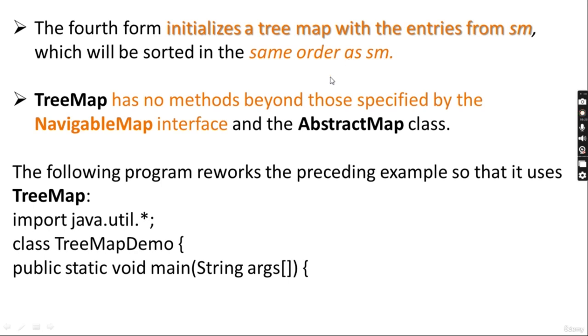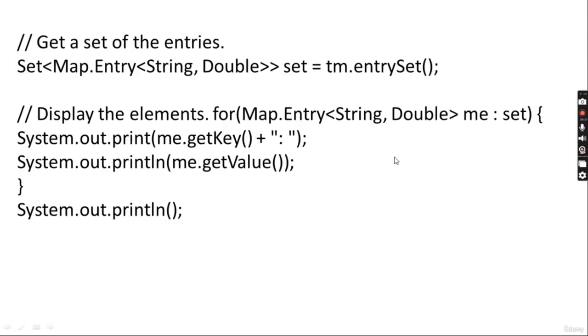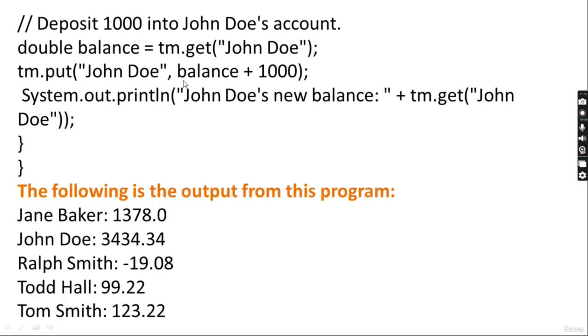We will see one example, the same example using the TreeMap. John Doe, Tom Smith, Jane Baker, Todd Hall, and Ralph Smith account balances are there. Getting the entry set, using the entry set, getting the set view of the map, getKey and getValue, then System.out.println. Double balance, get balance, and then updating the balance.